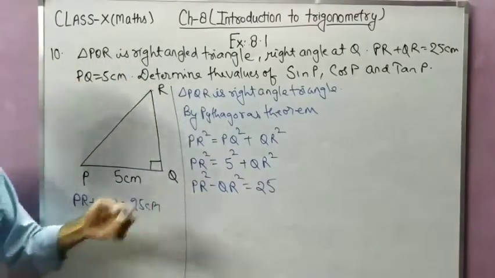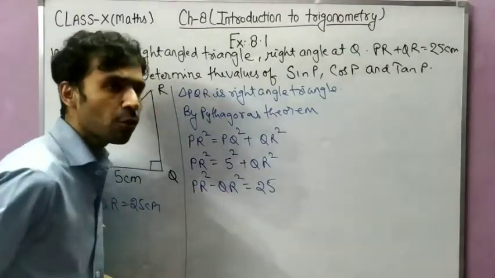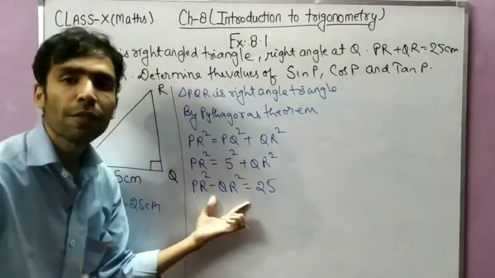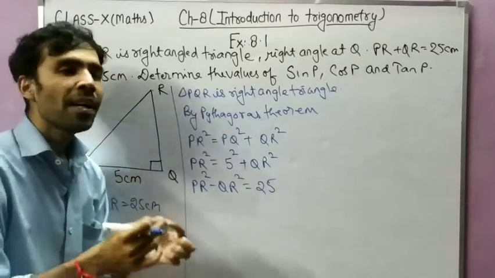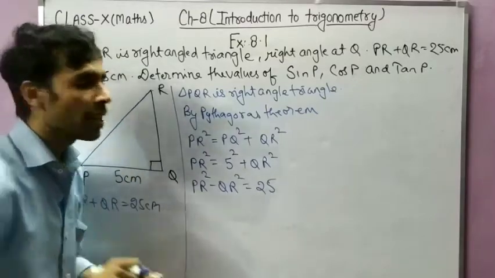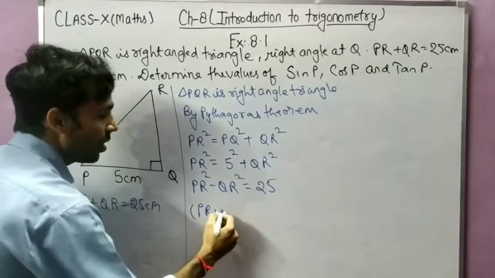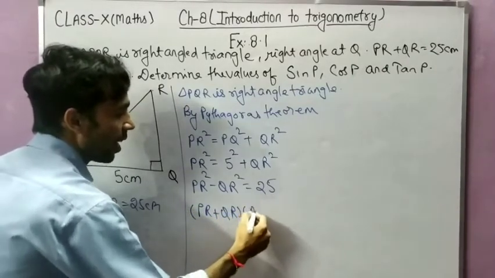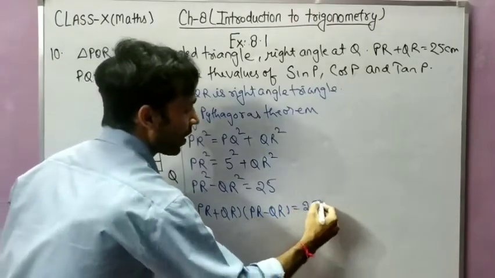Now this PR square minus QR square can be expanded with the formula of A square minus B square, and we know that A square minus B square equals (A plus B) in one bracket and (A minus B) in the second bracket. So in place of that, I can write (PR plus QR) in the first bracket and (PR minus QR) in the second bracket equal to 25.